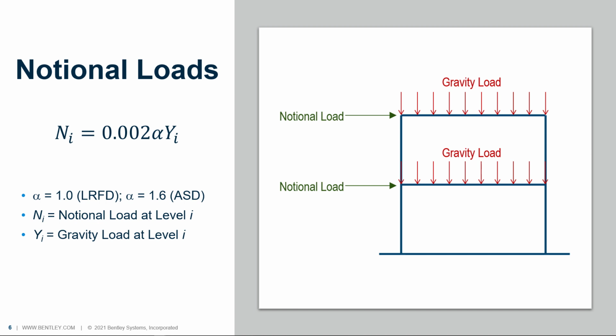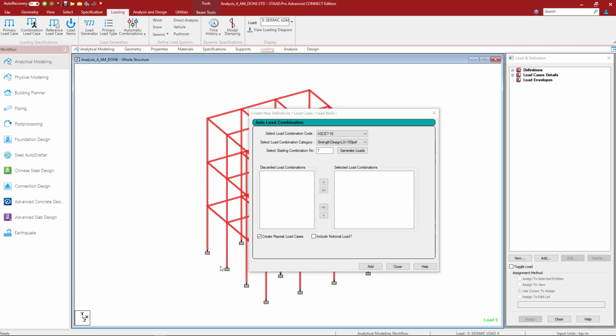Now, as I mentioned, I will be performing an LRFD design method, and if I were to take a look in the code, I would see that a 0.002 notional load factor would be appropriate for my particular analysis. So let's go ahead and ask the program to include notional loads at this point. Once both of these checkboxes are selected, I can click on the Generate Loads button.